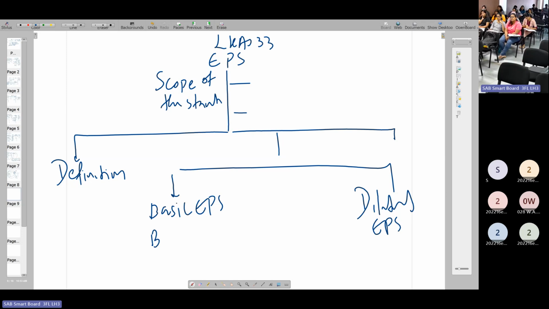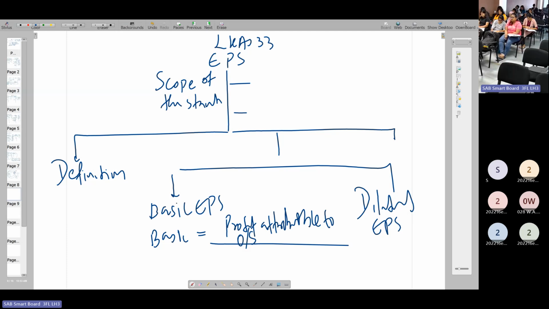Basic EPS equals profit attributable to ordinary shareholders divided by the number of ordinary shares, or the weighted average number of ordinary shares.